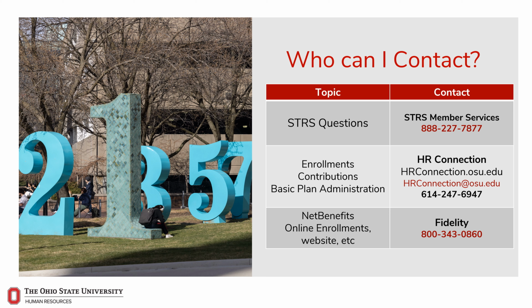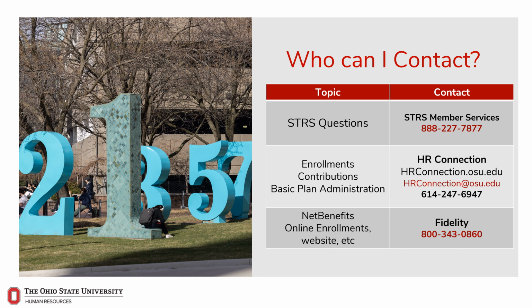For more detailed information regarding faculty retirement plans, please visit our website at hr.osu.edu/benefits/retirement. For all inquiries related to STRS accounts, please contact STRS at 888 227 7877. If you have a question about enrollments, contributions, or basic plan administration, you can submit a ticket through the Submit a Request link on the HR Connection portal at hrconnection.osu.edu.